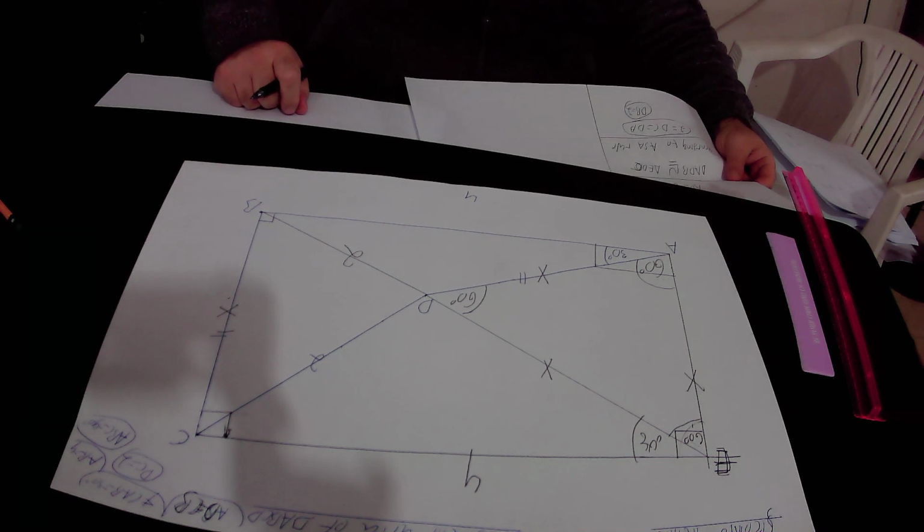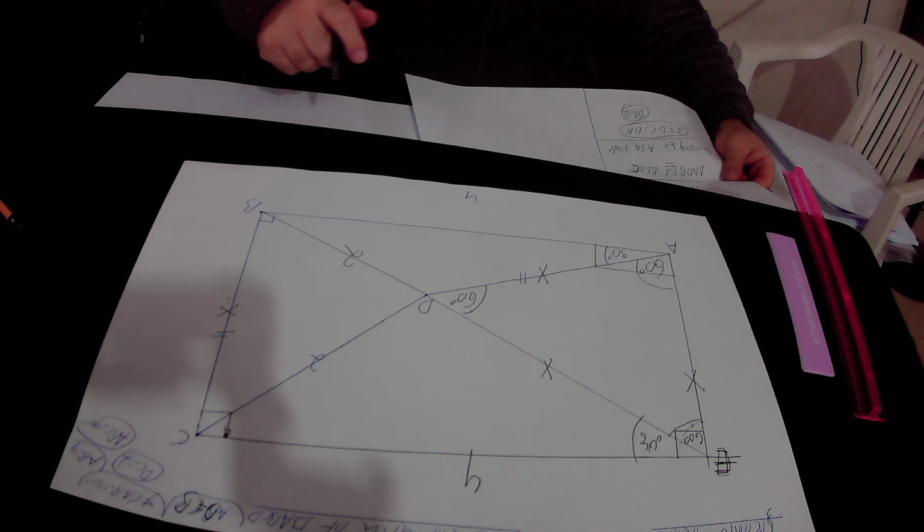In the next step, we will implement the law of cosines on triangle ADB.